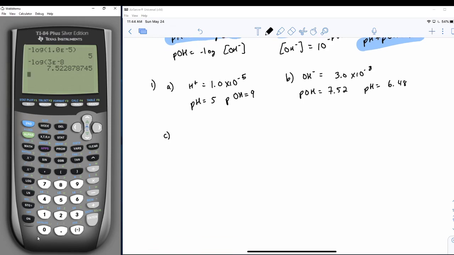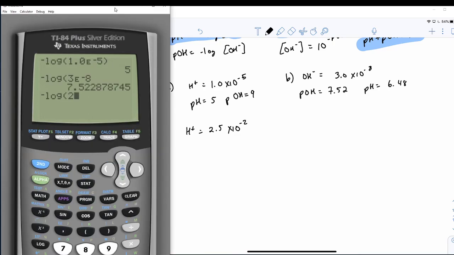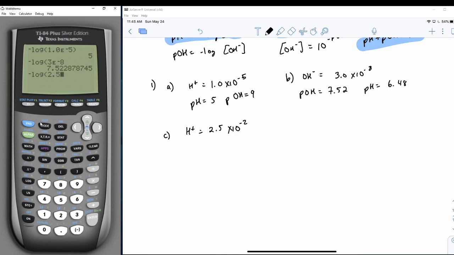C, here we have H plus equal to 2.5 times 10 to the negative 2. So that's again negative log 2.5, second comma negative 2. So your pH in this case is 1.60 and your pOH is 12.40.